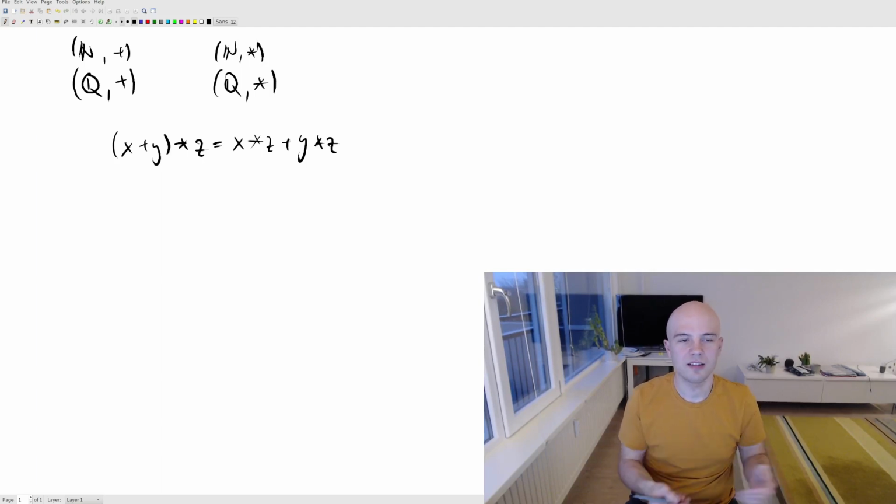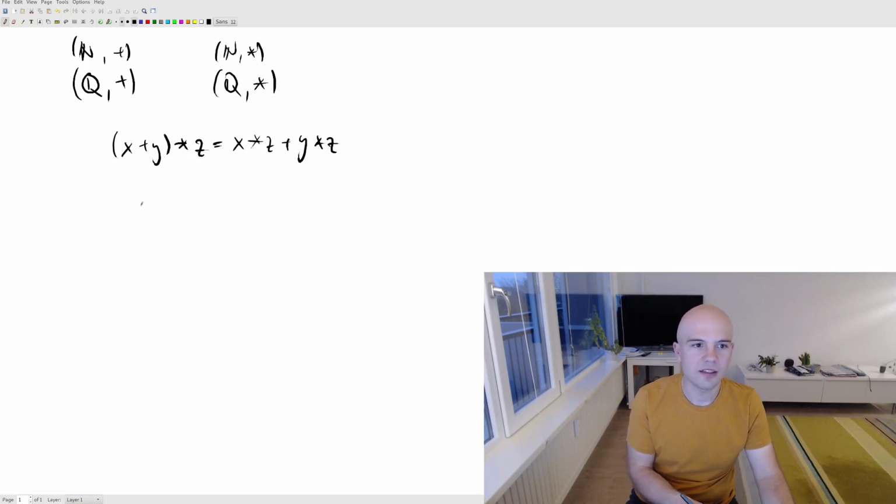And so there's a lot of structures that have both a plus and a multiplication operation, and typically these operations fit together very nicely. So this is right distributivity, there's also left distributivity with the addition on the other side.